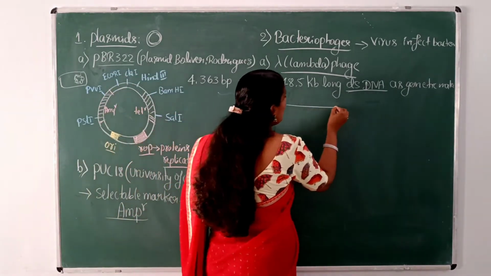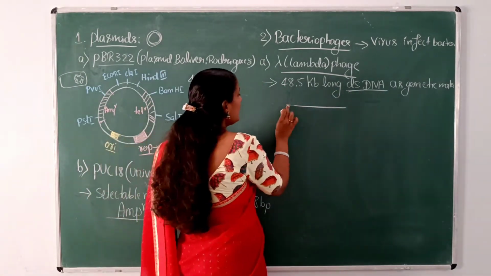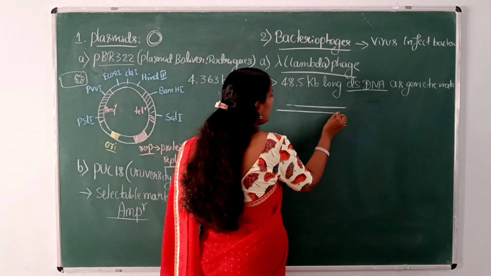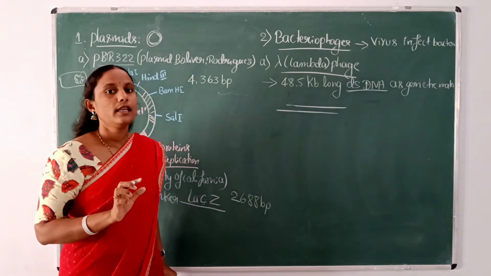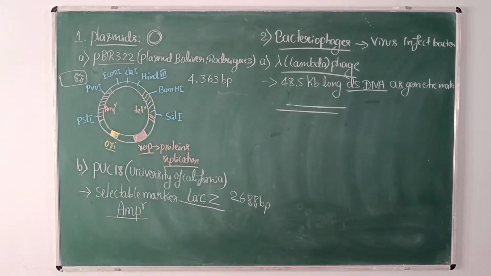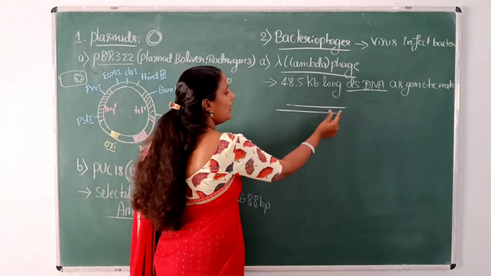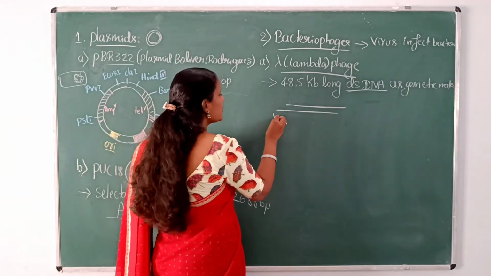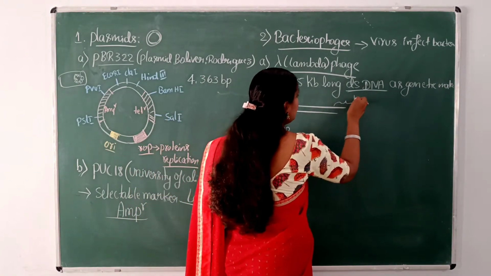So just imagine, this is the length of the bacteriophage DNA, and here is the double strand. If you look here, I am writing a single strand on both sides, because here a small length of DNA is single strand, of about 12 base pairs on each end.